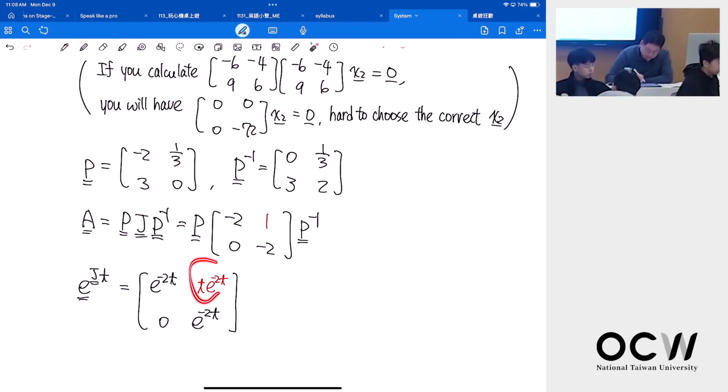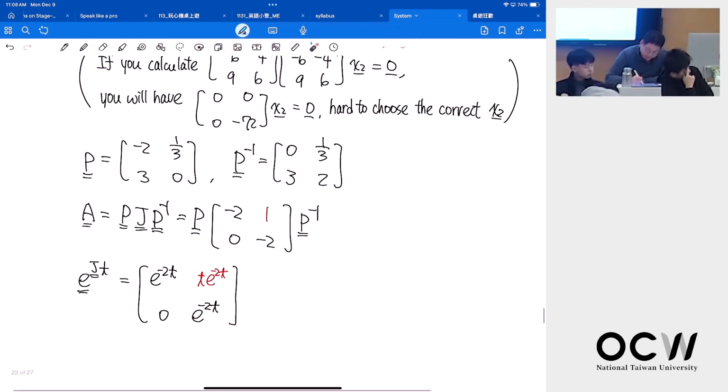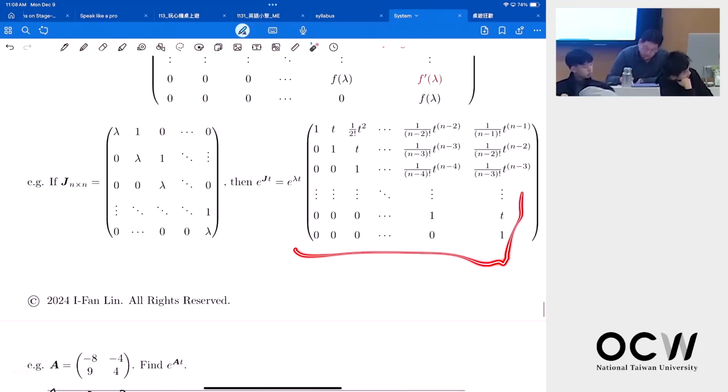This part, we always need to keep in the original form e to the minus 2t. The first part you put the t, and the second part, if we have a bigger matrix, then you have 1 over 2 factorial times t squared, just like this one. Okay.